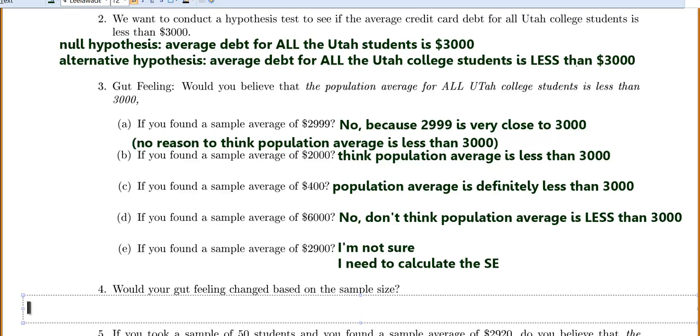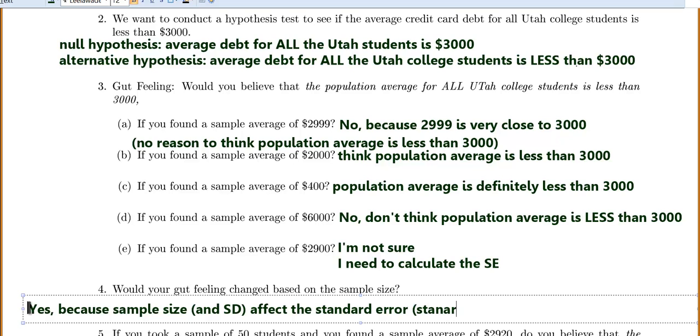And here's a question for you: would your gut feeling change based on the sample size? Well, it should, yes, because the sample size and standard deviation affect the standard error.